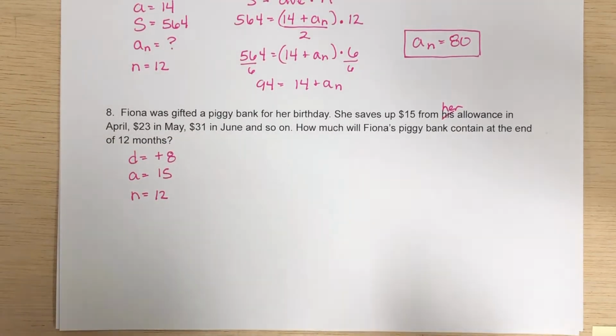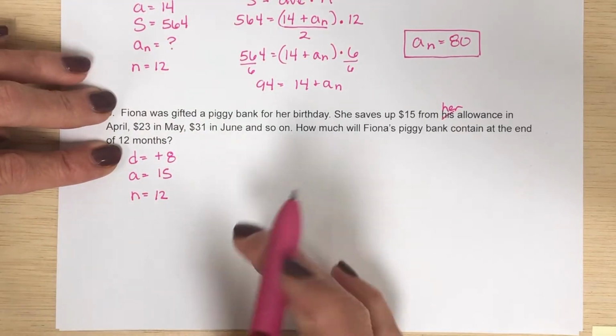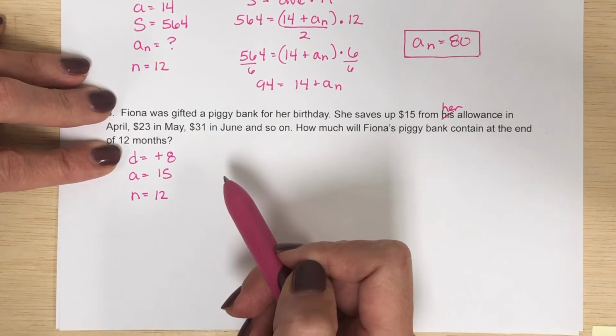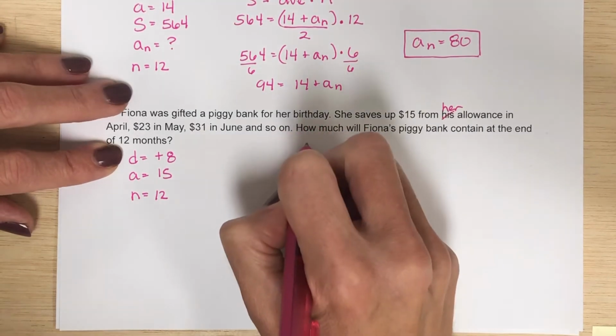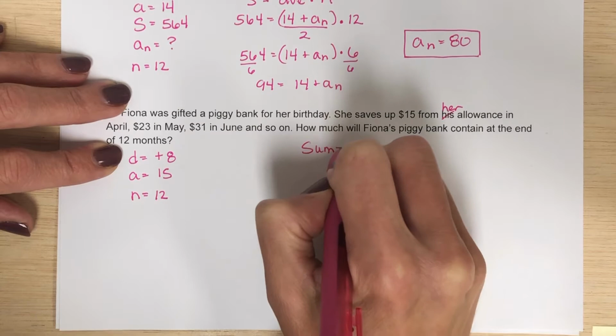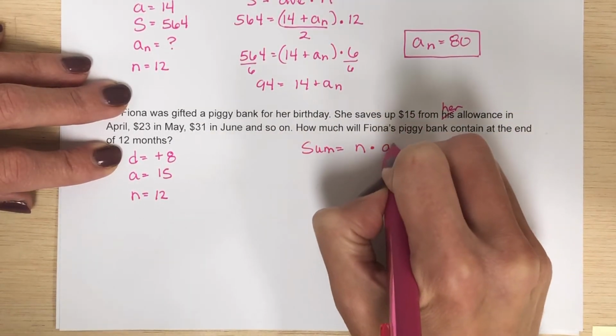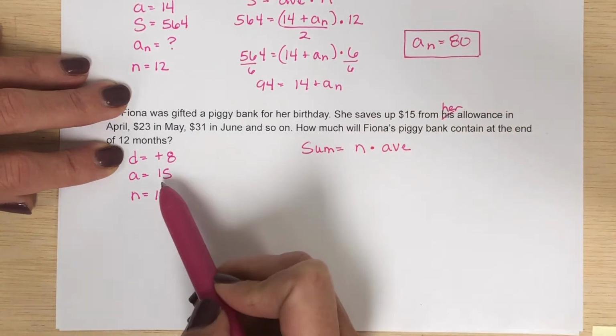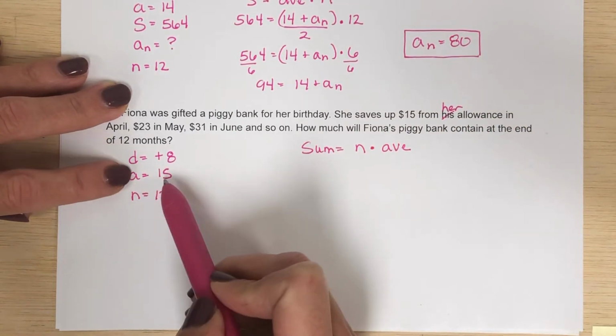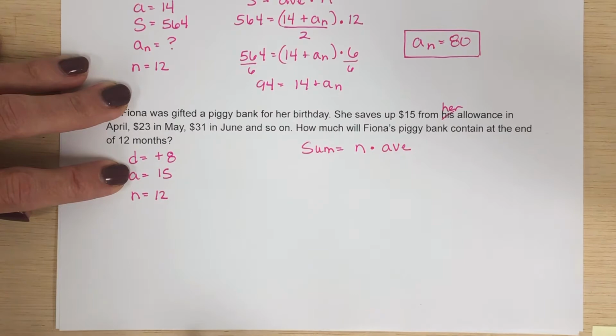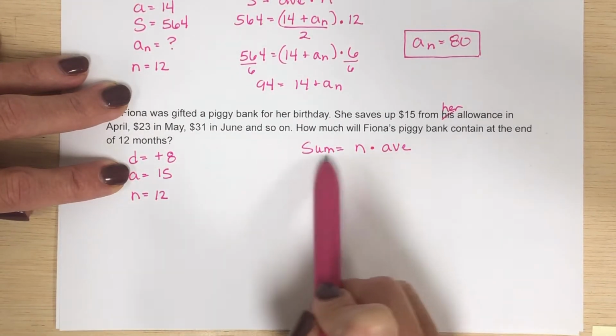That's an arithmetic series. So in order to do an arithmetic series, the sum is the number of terms, which I know, times my average, and my average is my first and my last term. I know my first term, I do not know my last term. So I need to figure out my last term before I can use my beautiful formula.